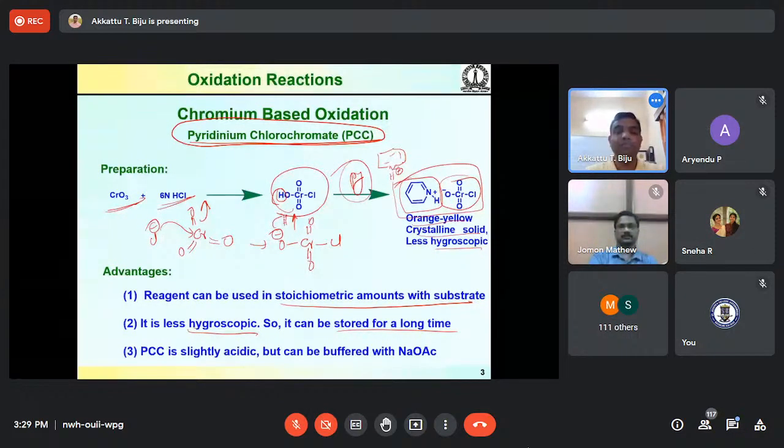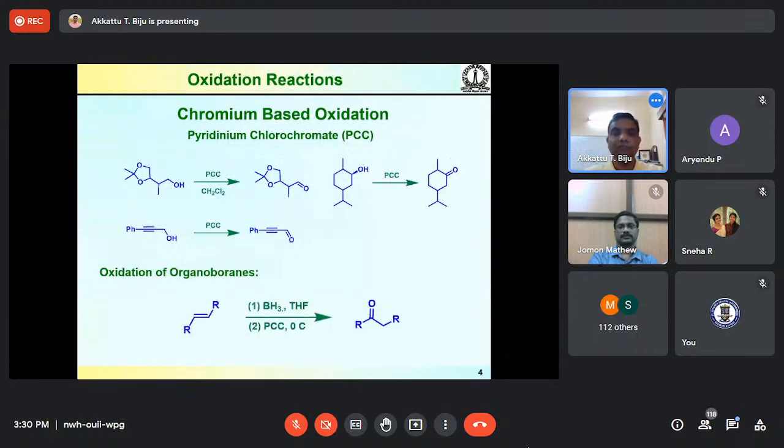There is no problem, and it is very mildly acidic, because if we prepare pyridinium chlorochromate in the lab, it may contain traces of HCl impurity, which can be neutralized by using sodium acetate as a base. So it is an acid or base-free reagent, useful for all types of oxidation reactions.